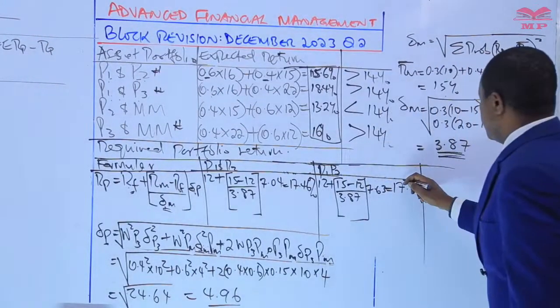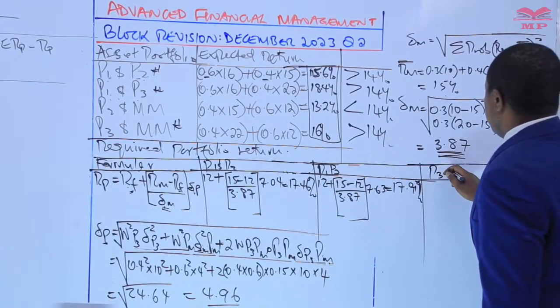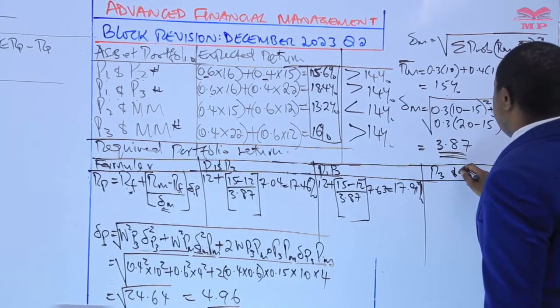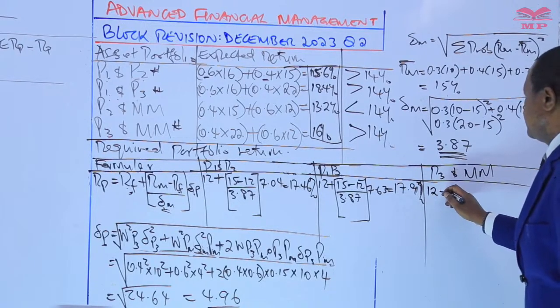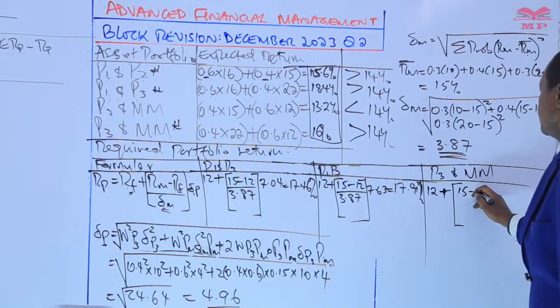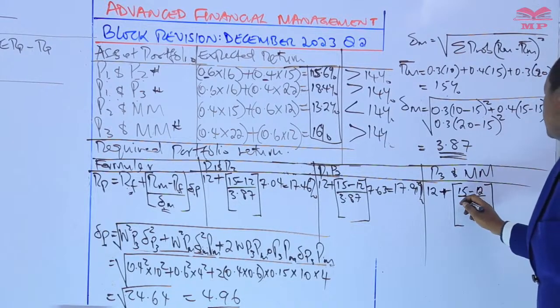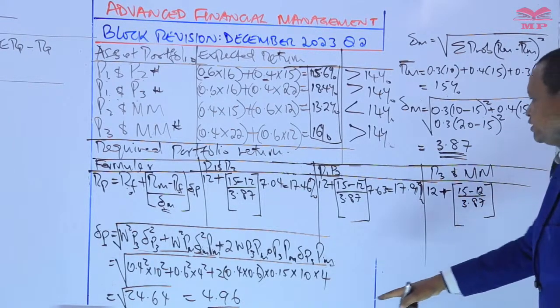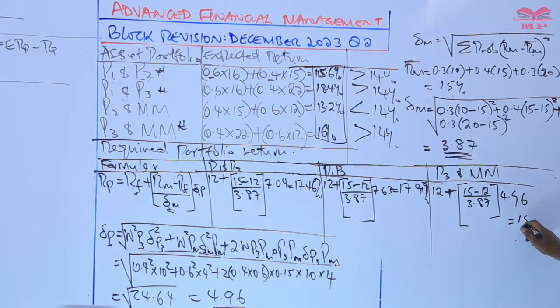I come here and calculate it: 12% risk-free rate plus 15 minus 12, over the market 3.87, times 4.96. So the answer here is 15.84%.